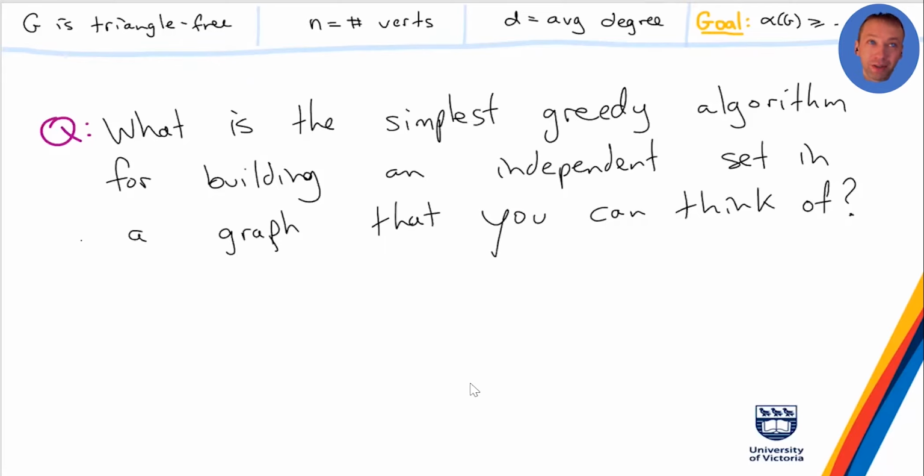We're not actually going to do that, but it would be smart to bias your strategy towards low degree vertices. And why is that a good strategy? Because if I take a vertex with low degree, I've chosen it, and it rules out the neighbors. It means now these ones are blocked, right? You can't take them, right?